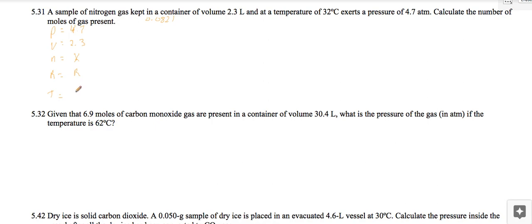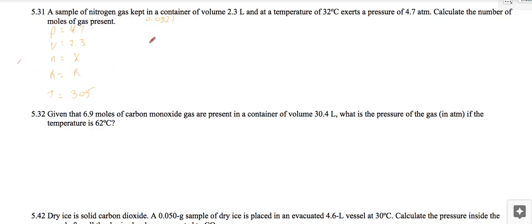Temperature in this case is going to be, what is that? 305. 273 plus 32 gets us 305. You know what? I am going to switch out of this orange. I think maybe it might be too difficult to read. Let's go back to maybe red.